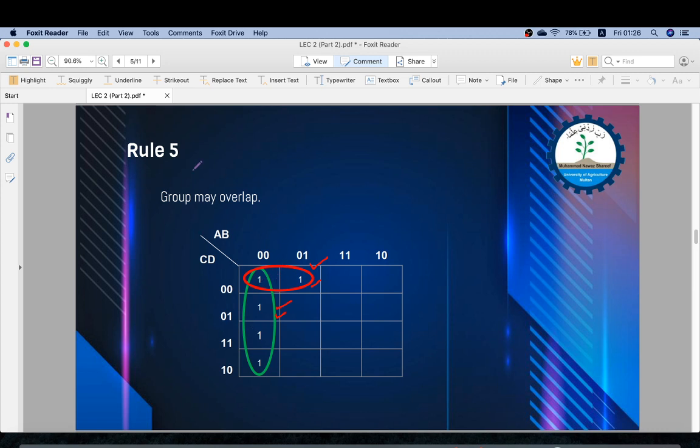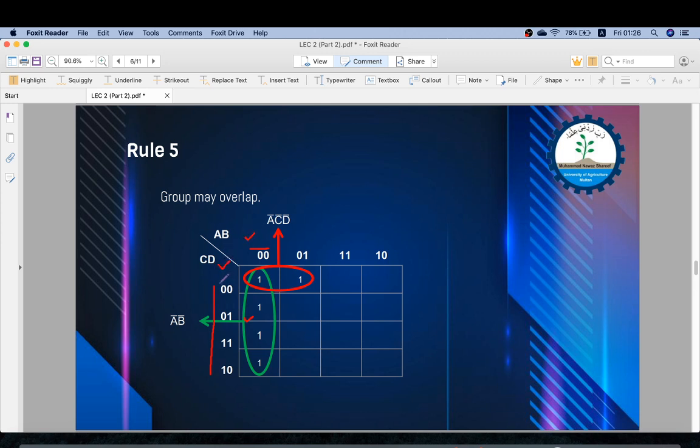Okay, now we'll make the equation for these two groups. What is the equation from this first group? We'll take these two, A, B, and this C, D. We already studied how we check.